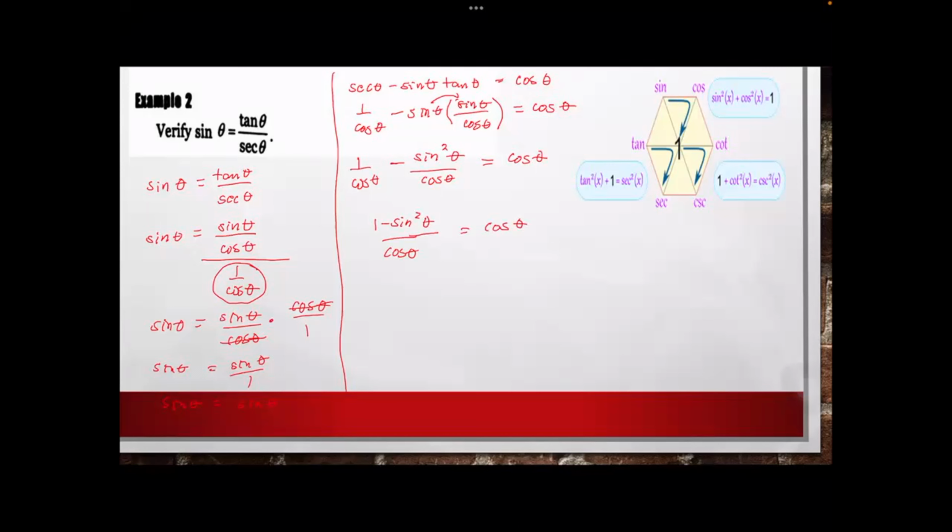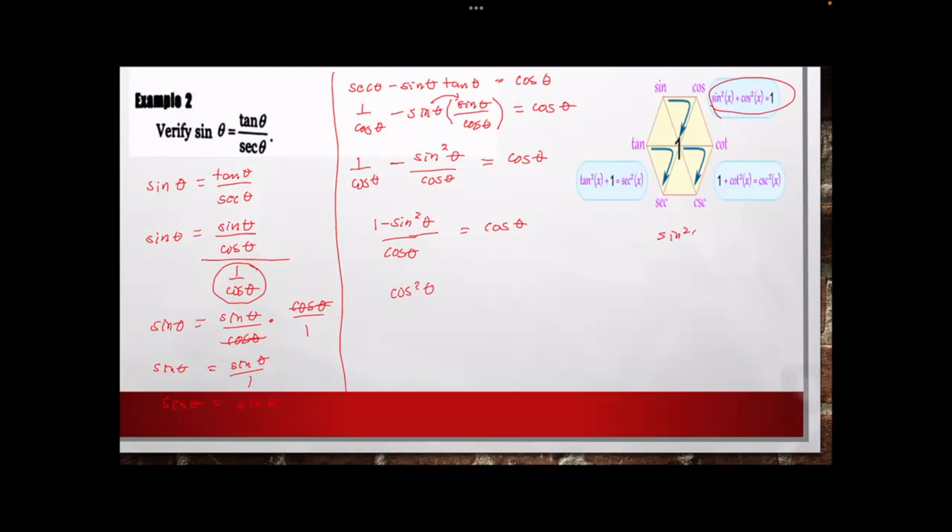Now, ano yung value ng 1 minus sine squared theta? What will be the value of 1 minus sine squared theta? Okay, so this will be cosine squared theta. So, bakit siya naging cosine squared theta?